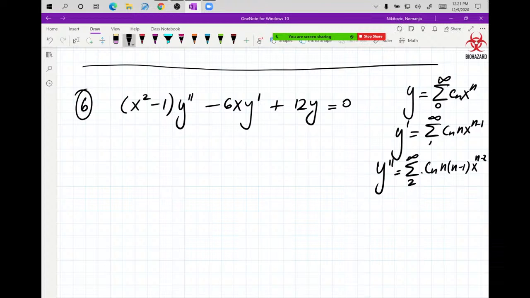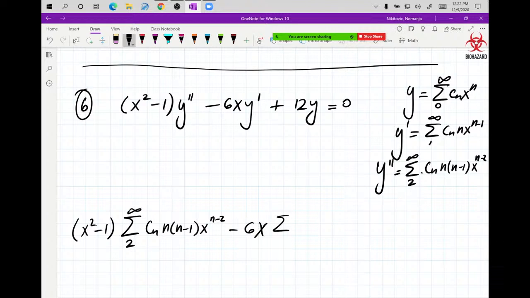So what do I have? (x squared minus 1) times the summation of Cn n (n minus 1) x to the n minus 2 starting at 2, minus 6x times the sum from 1 to infinity of Cn n x to the n minus 1, and then plus 12 times the summation of Cn x to the n equal to 0.